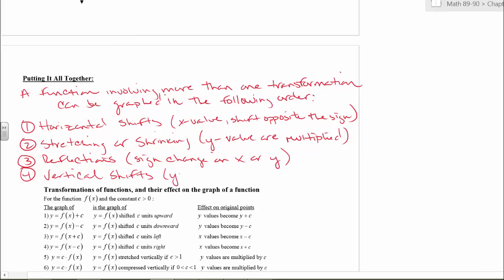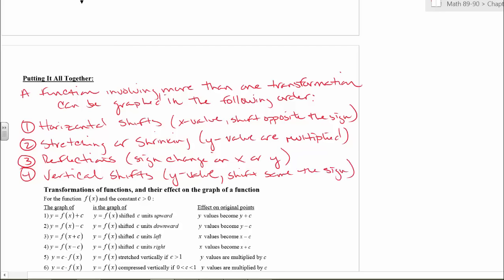And so with these shifts, your y values change. And so you see that's important, because if you're multiplying your y values and you shift up or down first, you're going to get the wrong answer. So you want to do stretching or shrinking first. And here you go, you shift same as the sign.